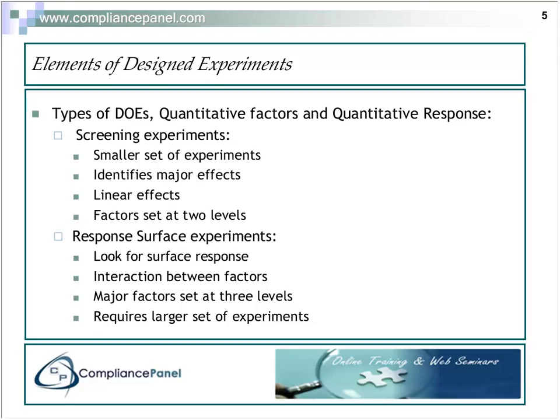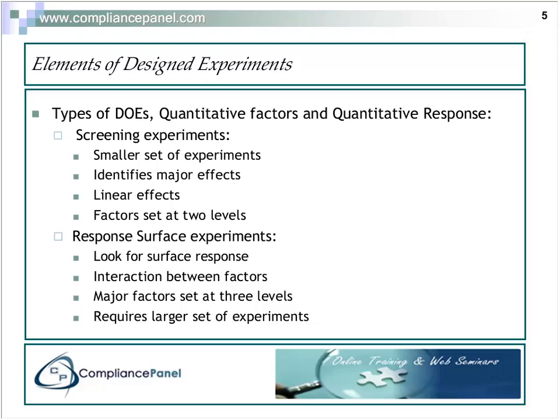The screening experiment is a smaller set of experiments, not necessarily smaller in the number of runs, but a smaller set in the total design space that we're going to evaluate, and you'll see what I'm talking about in a moment. The purpose of these screening experiments is to identify the main effects. The main effects are those factors that contribute to the differences that I see in my response.